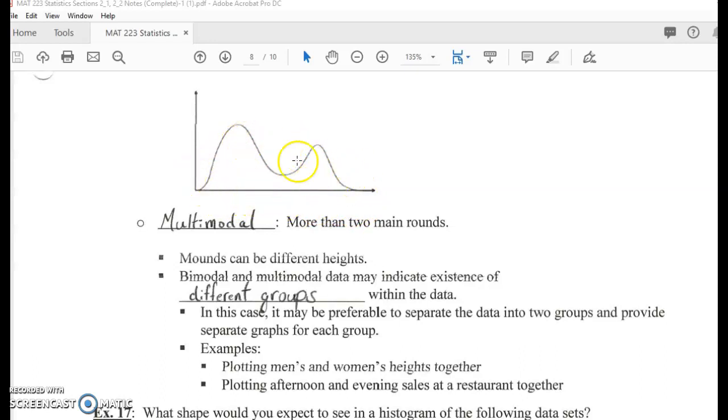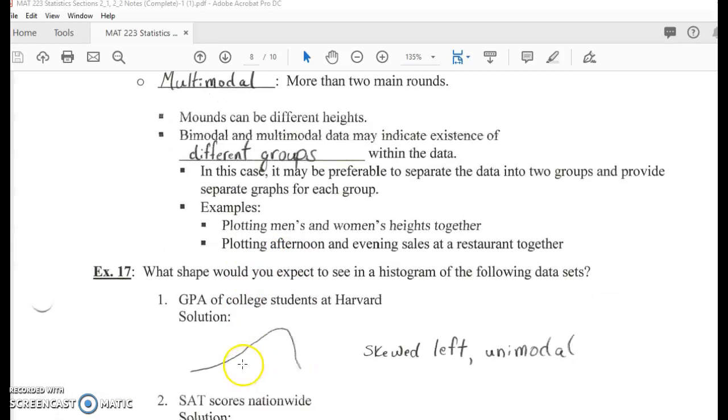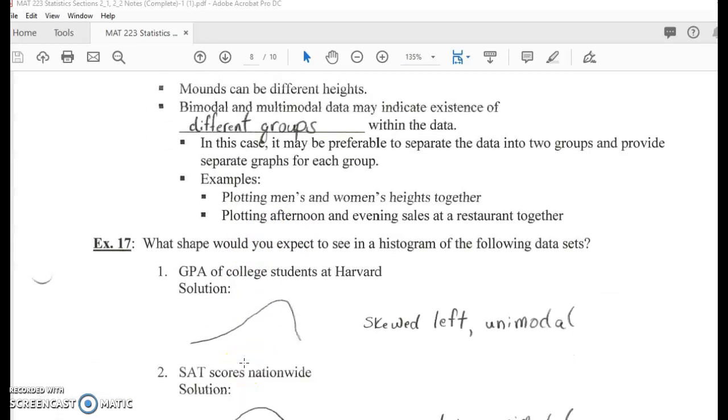So we might have two groups in this. In this case, it may be preferable to separate the data into the two groups and provide separate graphs for each group. For examples like plotting men's and women's heights together, or think about plotting afternoon and evening sales at a restaurant together, those are going to be quite different as well and probably give you more than one mound.